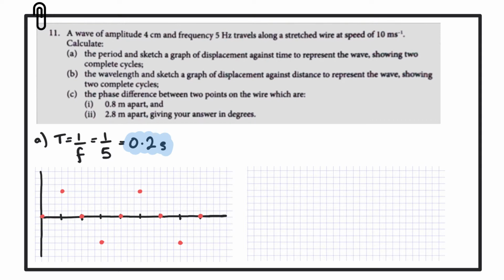So starting at 0, 0, I'm going to go up and hit the first point, which is the crest. Then we're going to go back down and cross the axes at the next quarter wavelength. Then at 3/4, we are going to go down and pass through the trough. And then at the 4th quarter, or 1 full wavelength, we're back at the beginning.